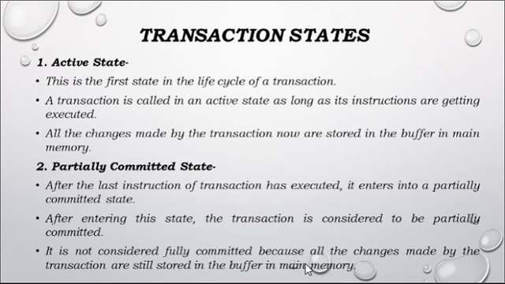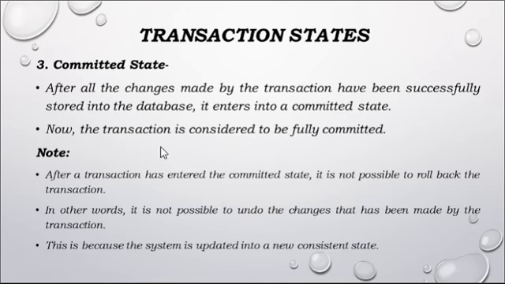If it is not consistent, we will go to the failed state, and after the failed state, we will go through a rollback, an abort state, and then the terminated state. And if the database is in a consistent state, we will go to the committed state. After all the changes made by the transaction have been successfully stored into the database, it enters the committed state.